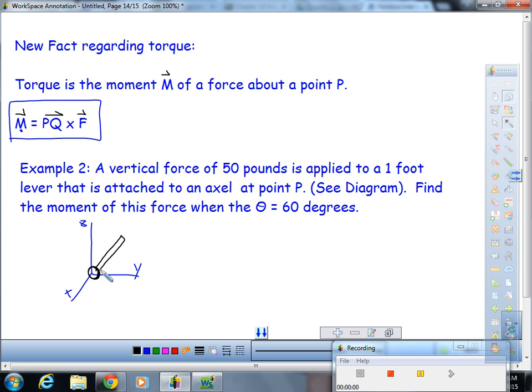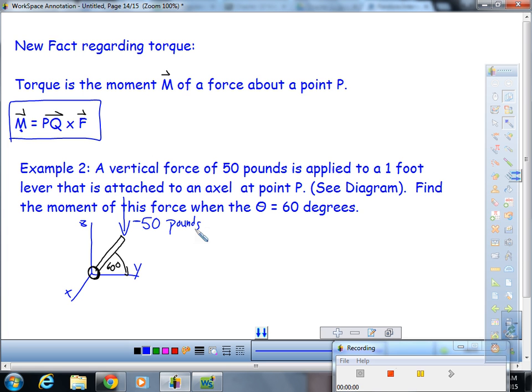It's 60 degrees from the YZ axis, and the lever is being pulled in that direction. The force that we're applying is down, negative 50 pounds. All right, so we've got to get these things in vector form.